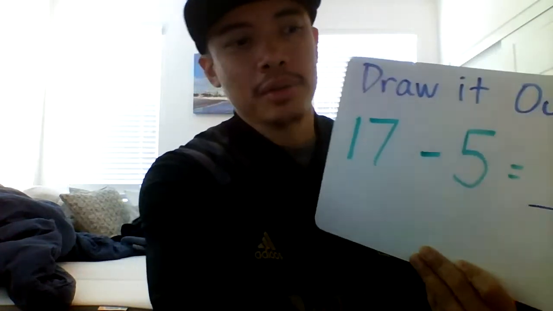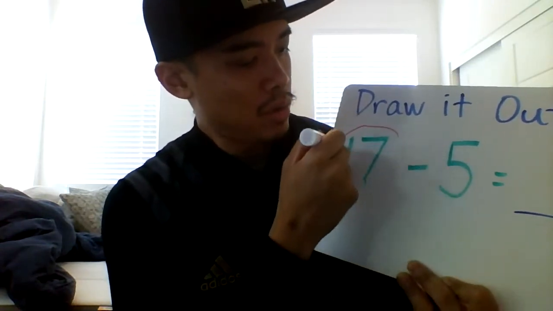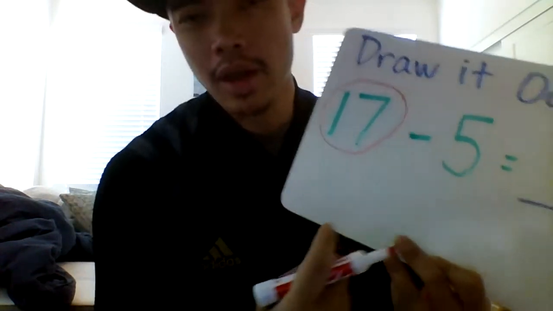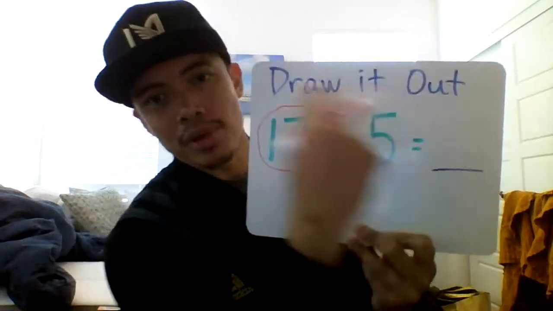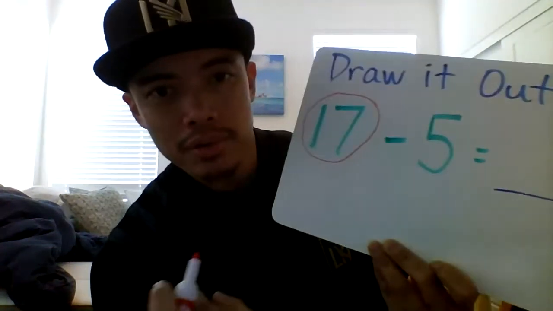So to draw it out, I have my kids circle the whole, which is the bigger number. They identify it. Okay, guys, which is the whole? Which is the bigger number? Which is 17. And draw it out.